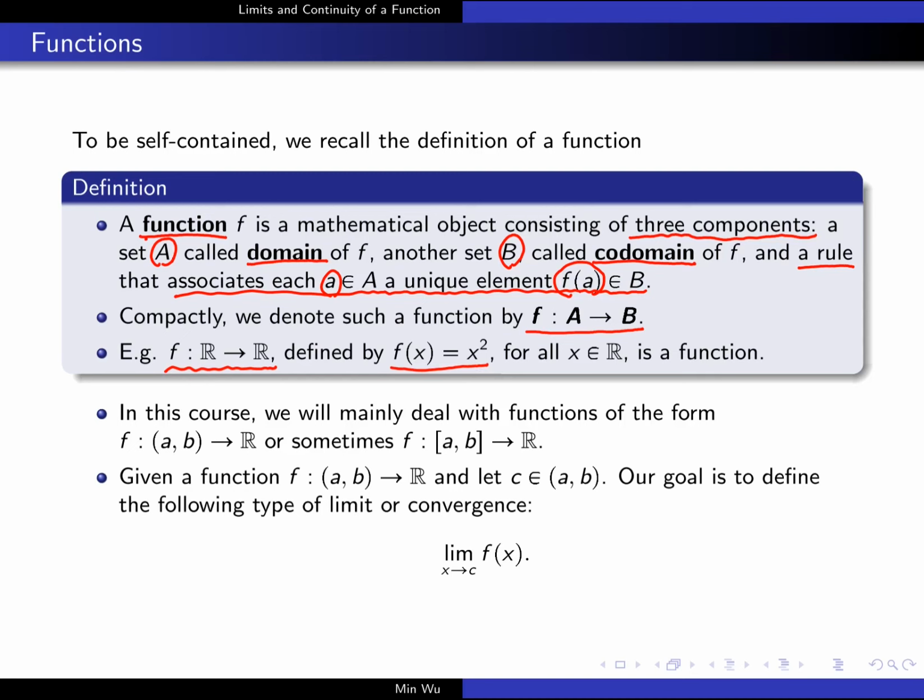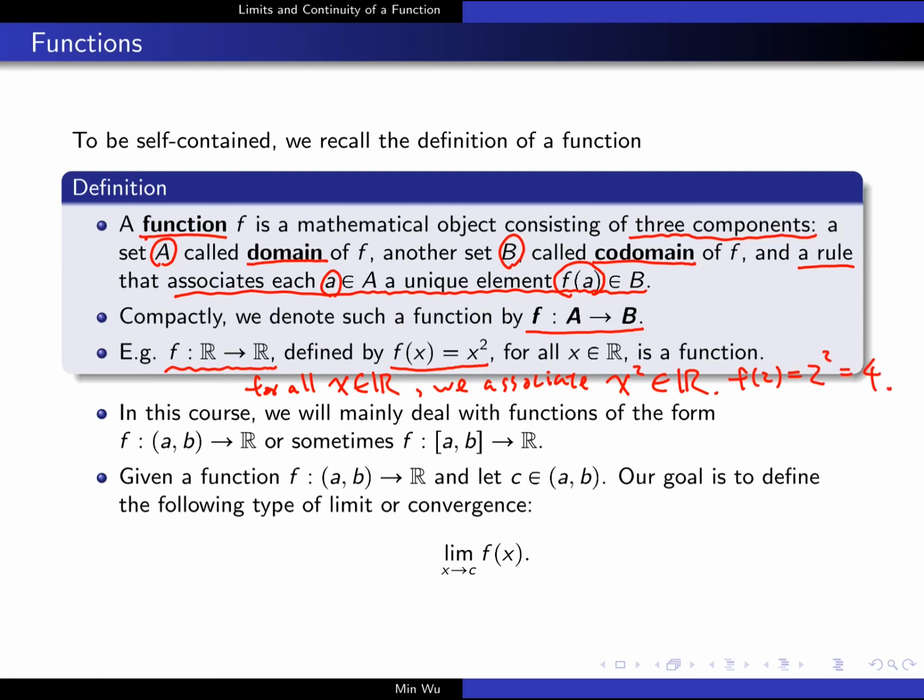So for all x in R, we associate x squared, which is also in R, as the element in the set B. Basically, whenever you have an x in the domain R, then we have an f of x, which is equal to x squared in the codomain R. So for example, if x is equal to 2, then the associated element in the codomain B will be 2 squared, which is equal to 4.